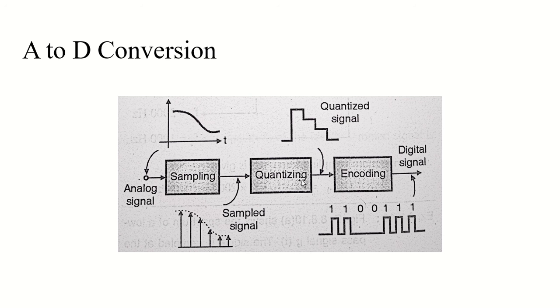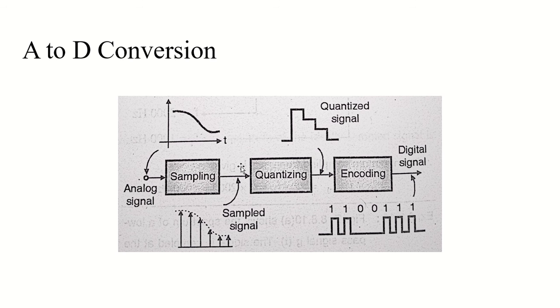Now here you see, this is the block diagram of analog to digital conversion, or A to D converter. You can achieve your A to D conversion by following these steps. First, you take your original analog signal, which may look something like this. Then you do sampling. You take samples. Once you take the samples, you quantize your signal.